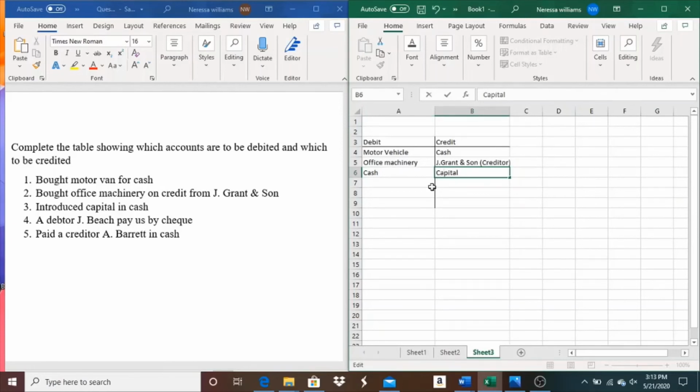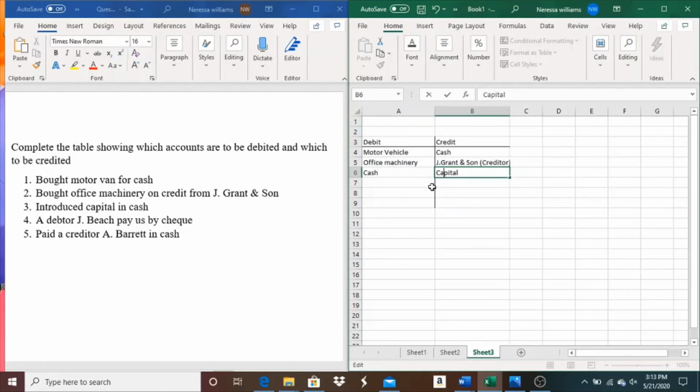A debtor, J. Beach, pays us by check. Alright, let's say it again. A debtor, J. Beach, pays us by check. What is increasing on our part? Our cash account, cash and bank account. So we're getting a check, more money in our account, so increase. But our debtor is paying off their debt.